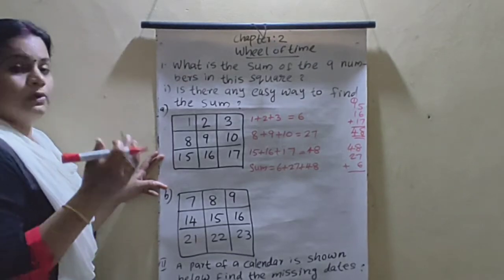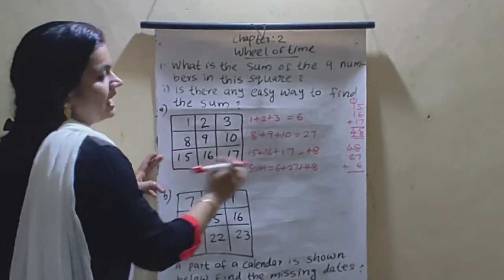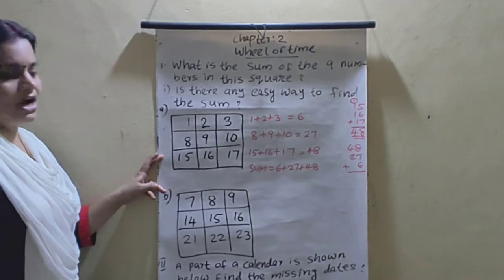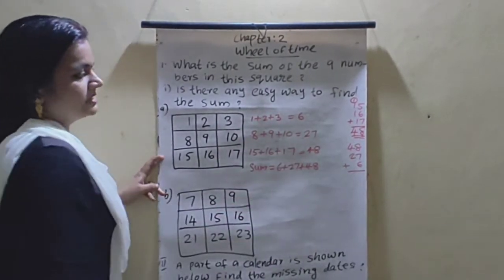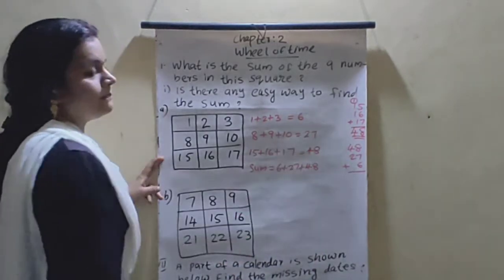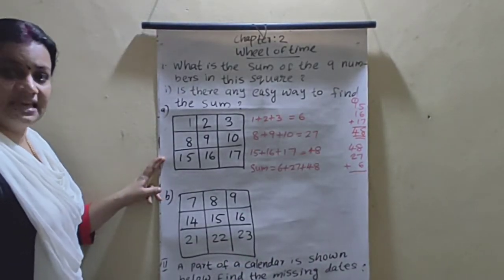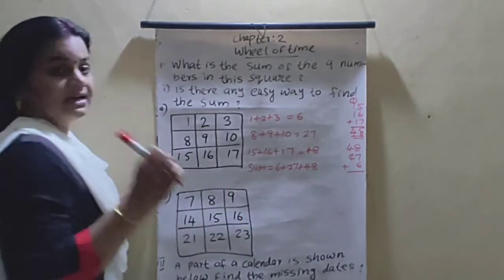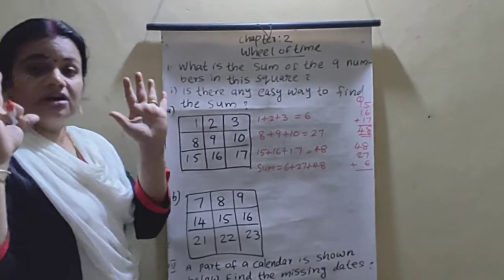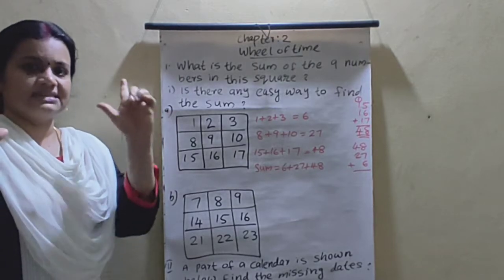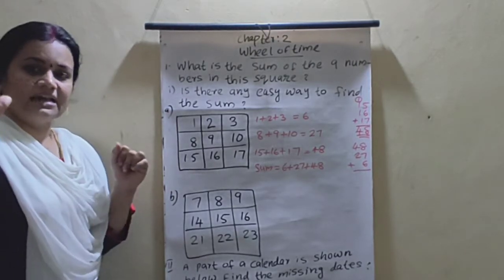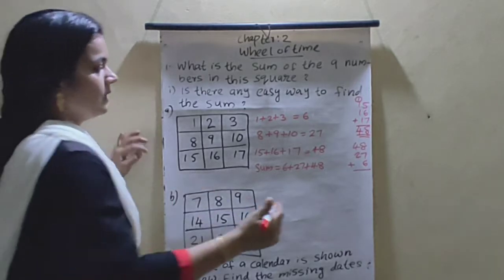First of all, we are doing the row wise method. We add the rows, and then we get these 3 numbers. Then add these 3 numbers. 6 plus 7 is 13. 13 plus 8: take 8 fingers in your hand and count it: 13, 14, 15, 16, 17, 18, 19, 20, 21.